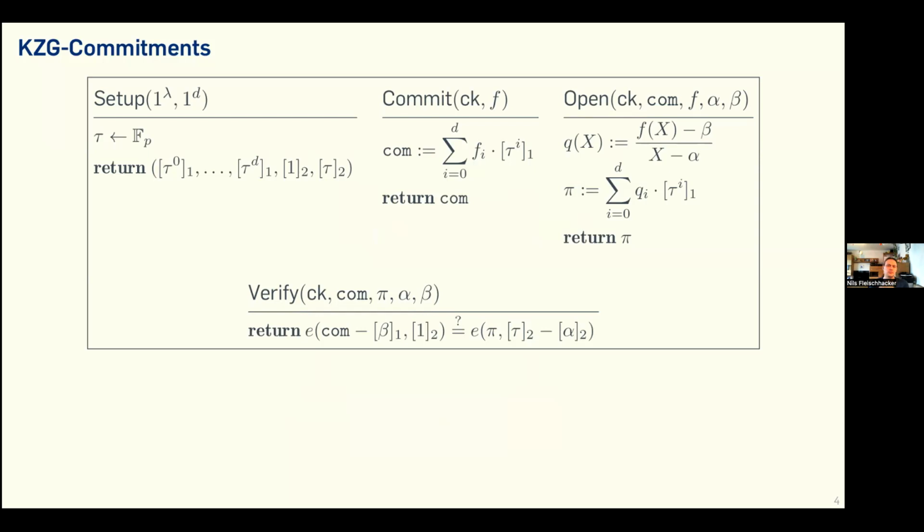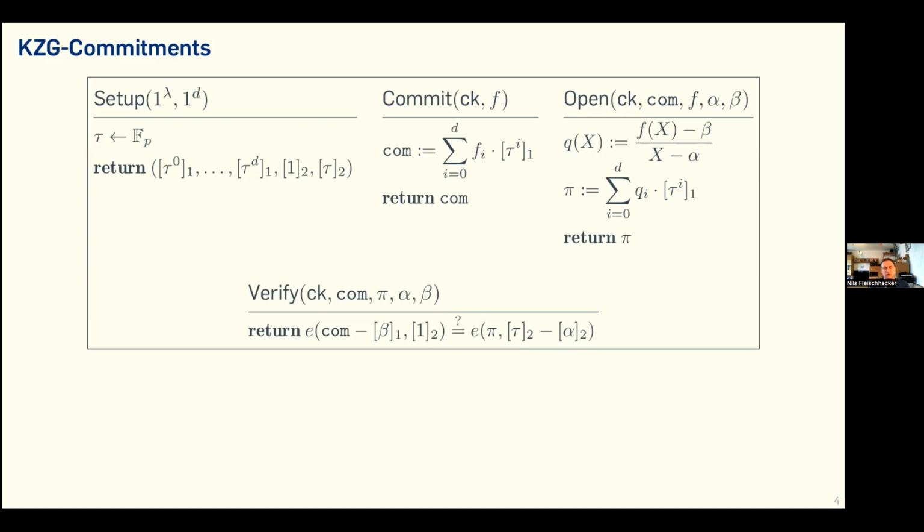So it has some setup that basically needs a whole bunch of these powers of tau in there. And you can commit to a polynomial over Fp, where p is the order of a bilinear group. So we have these three groups, G1, G2, GT, and a bilinear pairing.